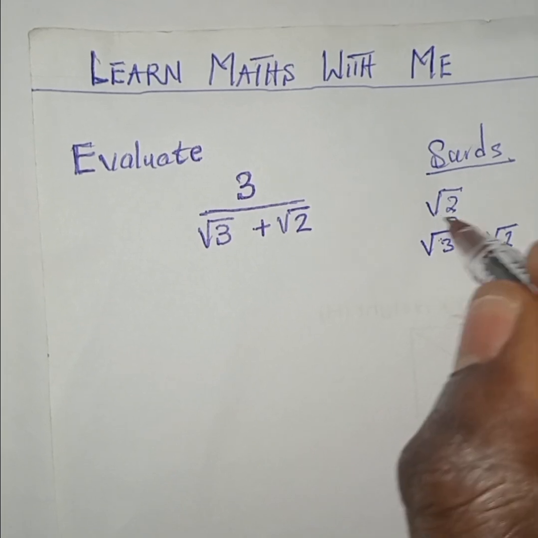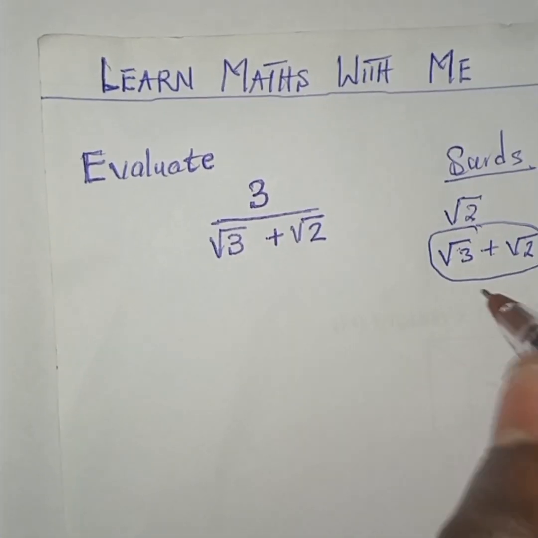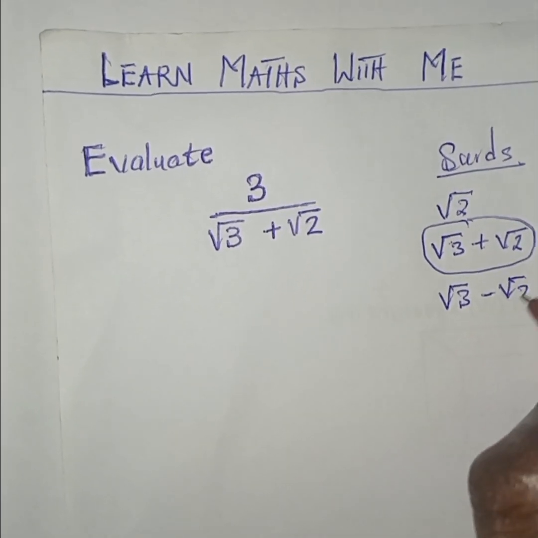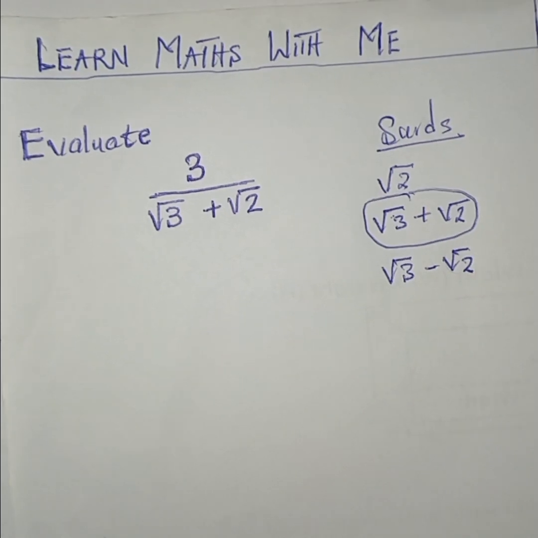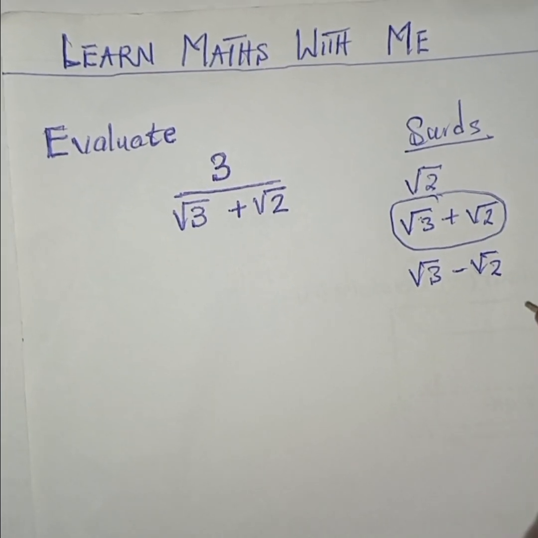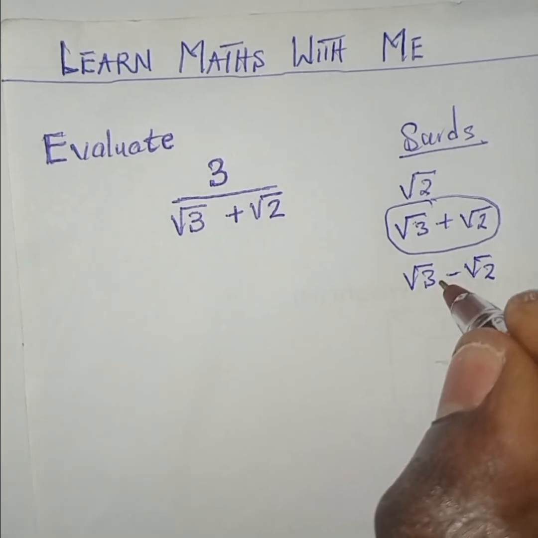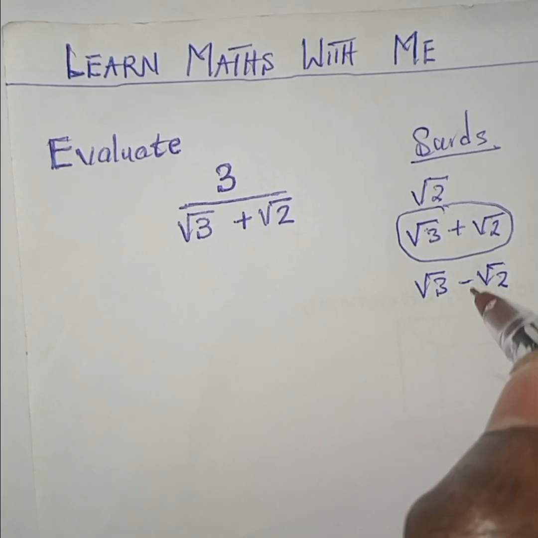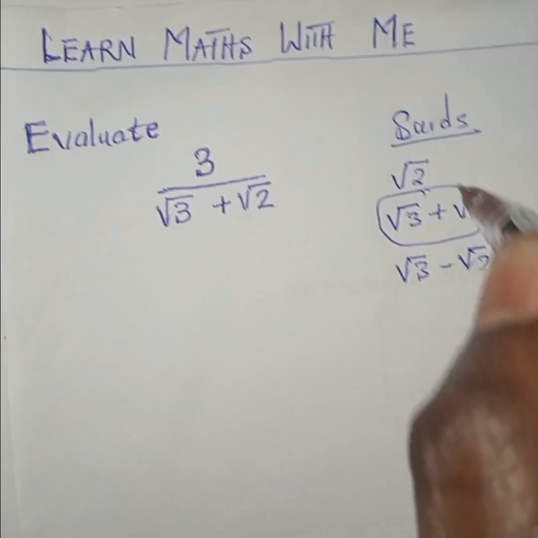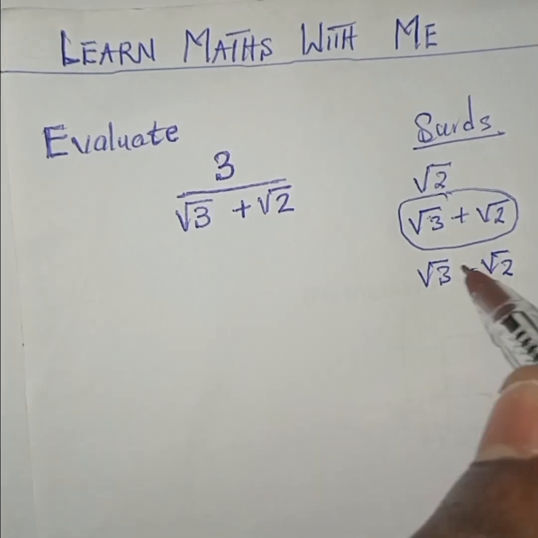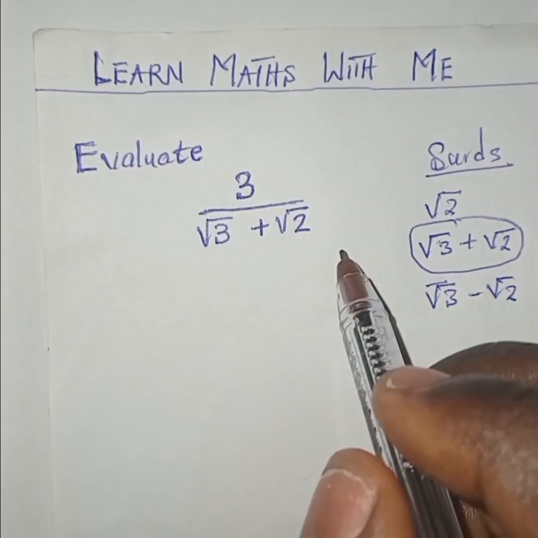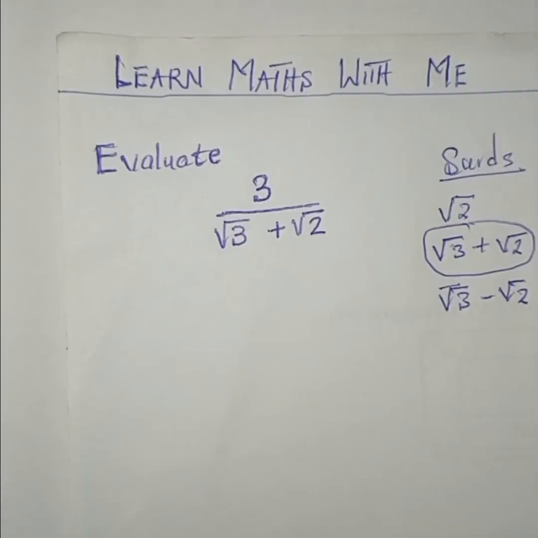The conjugate of this number is square root of 3 minus square root of 2, just like an inverse. And if it is square root of 3 minus square root of 2, the conjugate will be plus. That's just a change of sign. So we'll be using the conjugate to multiply both the numerator and the denominator. If that's well understood, let's continue.